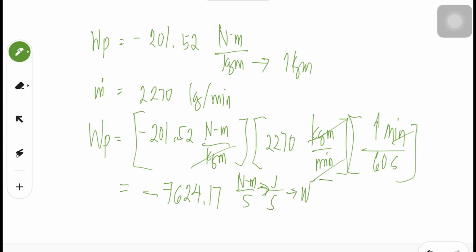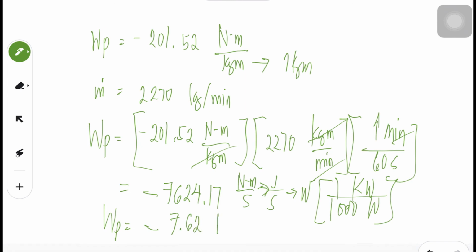This is watt, so convert it also into kilowatt. 1000 watt. So the work of the pump in kilowatt is, you just need to divide your answer by 1000, so we have now 7.62 kilowatt.